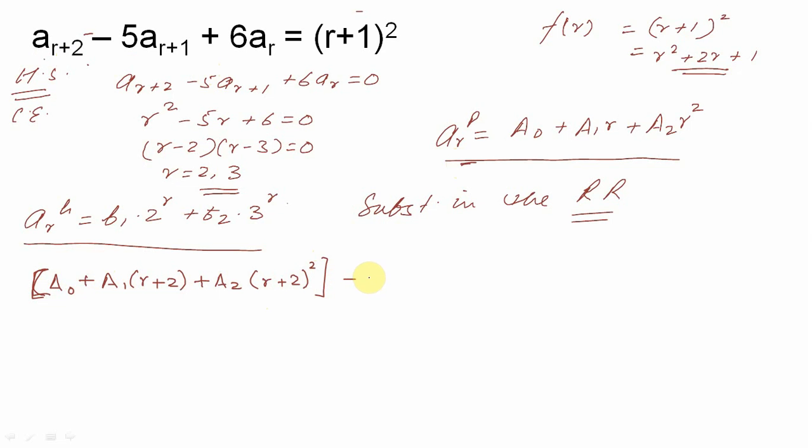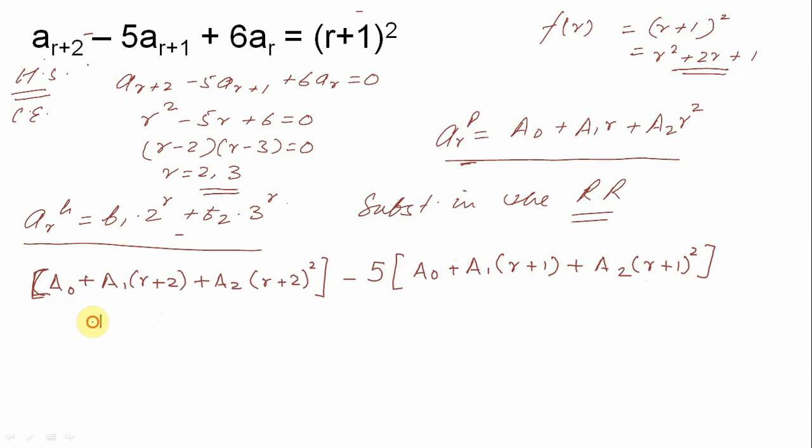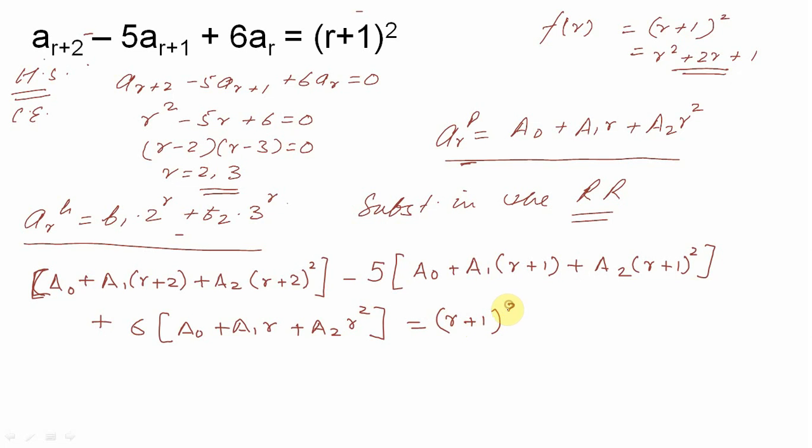Now the next term is minus 5a(r+1). So I get minus 5 times a0 plus a1(r+1) plus a2(r+1) whole square, plus 6 times a0 plus a1r plus a2r square, is equal to (r+1) whole square.